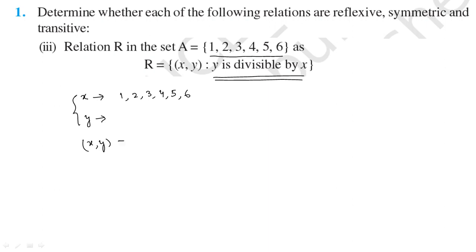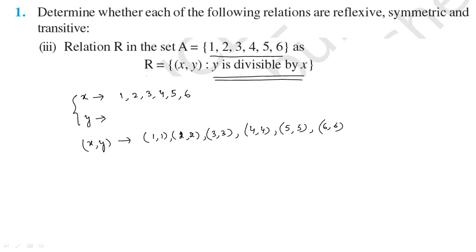First of all, first pair (1, 1), then (2, 2), (3, 3), (4, 4), then (5, 5) and (6, 6). This one is one divisibility because each number is divisible by itself.